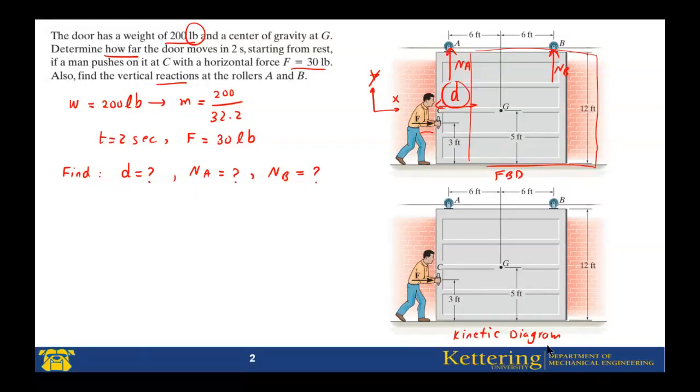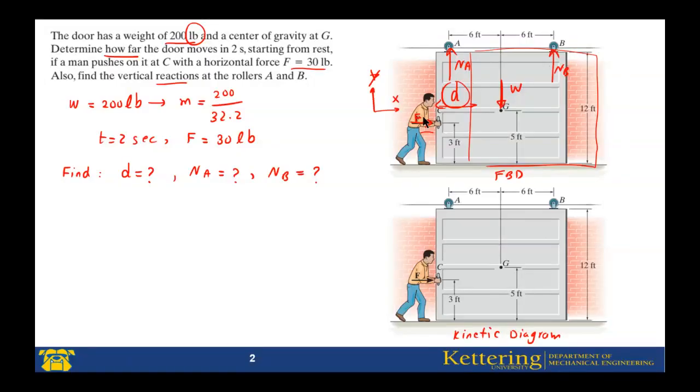To draw the free body diagram, I need to show the external forces. I already showed those reaction forces, as you can see here, this reaction force and this reaction force at roller A and roller B. Also, there is one external force, the weight of the door, and we have this force, 30 pounds.